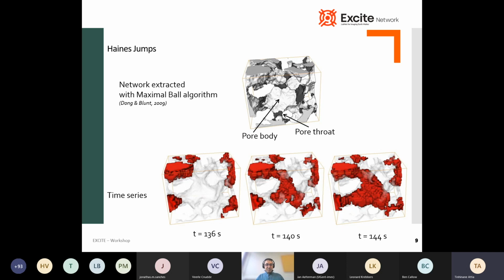Then in a few seconds, the Haines jump happens and it becomes filled with oil. And in another 4-second step, it becomes connected to the oil located in the neighboring pore.